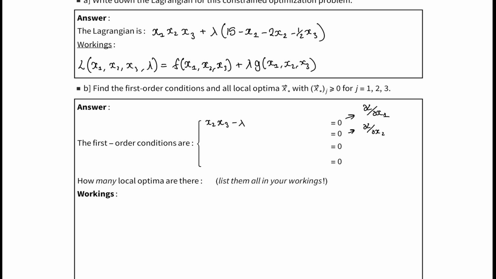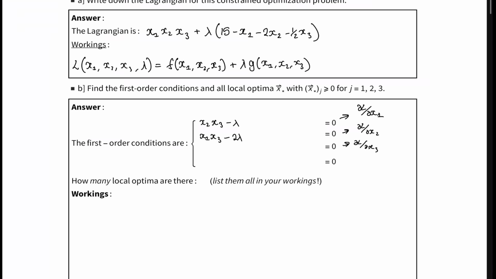Partially differentiating with respect to x2, we get x1 multiplied by x3 minus 2 lambda, and with respect to x3, we get x1 multiplied by x2 minus a half lambda. And when we partially differentiate the Lagrangian with respect to lambda, we just get the constraint, which was 15 minus x1 minus 2x2 minus a half x3.